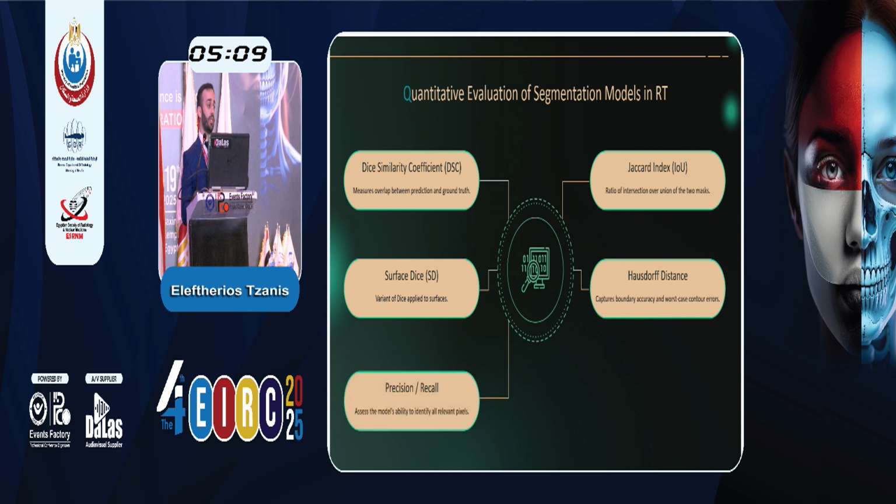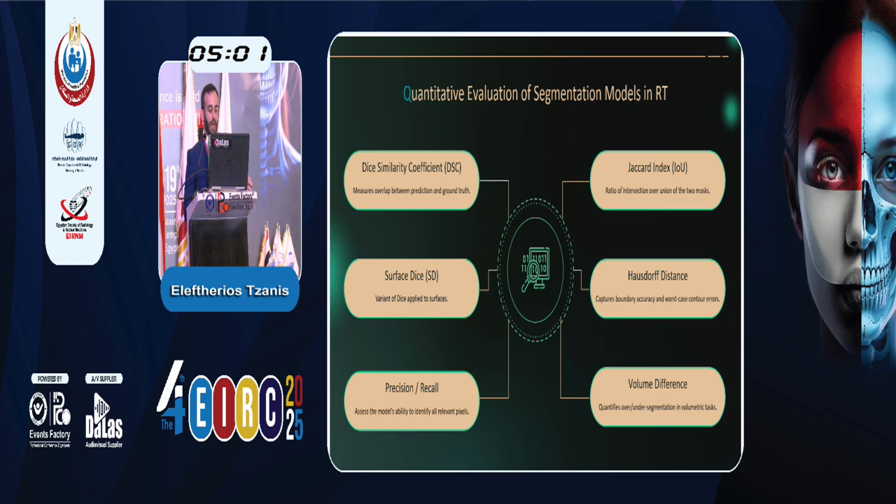The precision and recall help us assess how well the model can distinguish relevant from non-relevant structures. And the volume difference quantifies over and under segmentation, which is very important in the context of external beam radiotherapy.